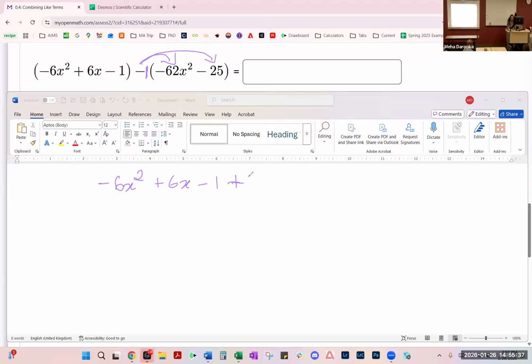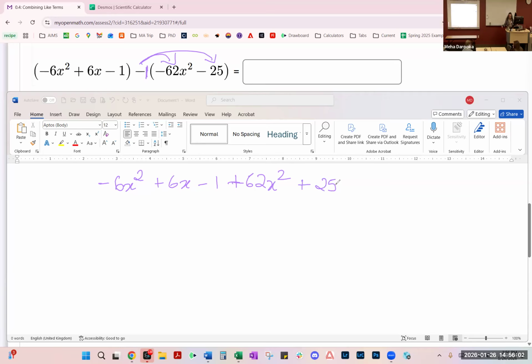And you will have positive 62x squared. And then same thing, negative times negative becomes positive. So this will become positive 25. Like I said, if instead of subtraction, you were doing an addition, the signs would not change. But because you do have a subtraction symbol, it works like a negative and it will change the values in your second set of parentheses.